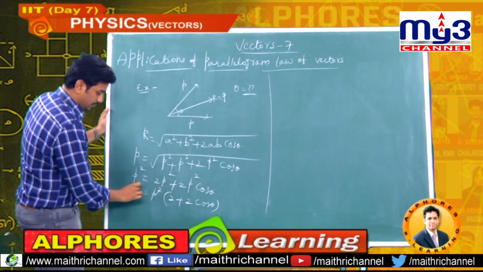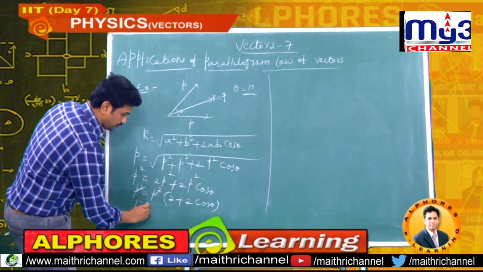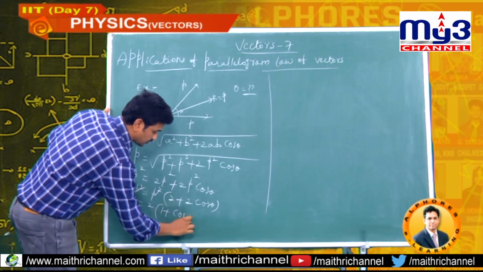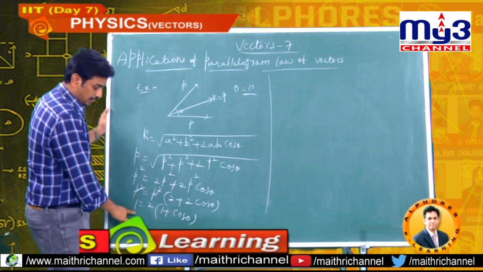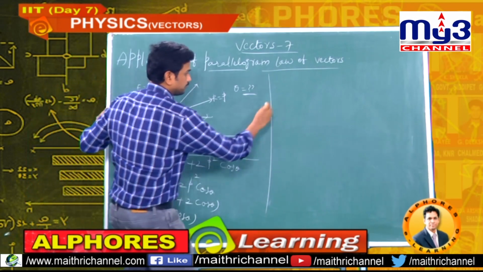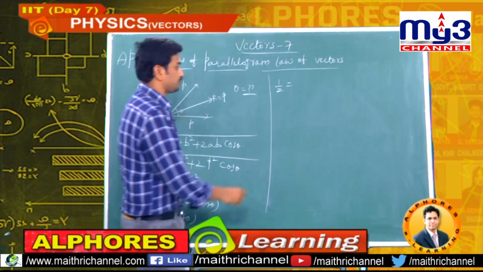Now this P square cancels out. Now 1 is equal to 2 common, 1 plus cos theta left over. The 2 on the right side I take to the left side, and it becomes 1 by 2. Now 1 by 2 is equal to 1 plus cos theta.